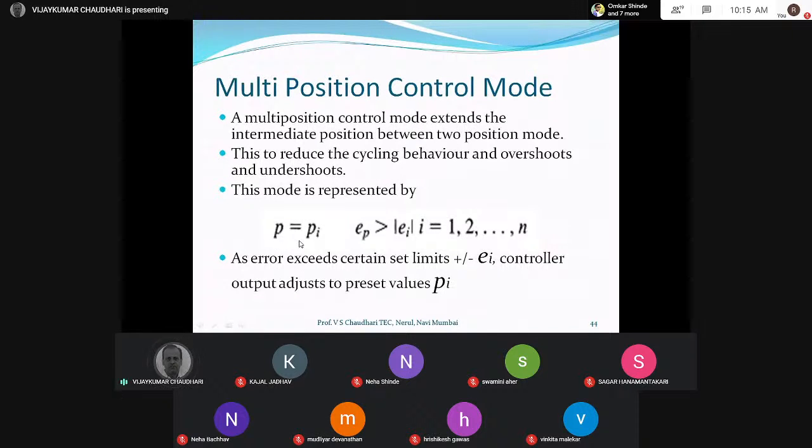P is equal to P1 for Ep greater than E1, P is equal to P2 for Ep greater than E2, P is equal to P3 for Ep greater than E3, and so on. So there are in-between steps from 0 and 100%. Pi can be adjusted to 10%, 20%, 30%, 50%, 75%, and so on. So this is what multi-position is.